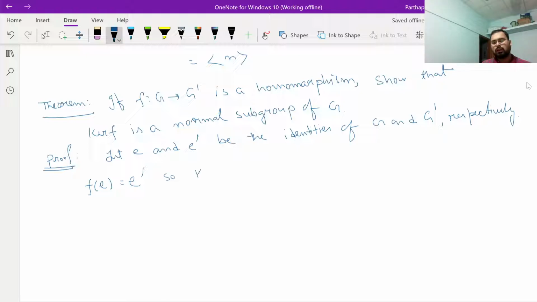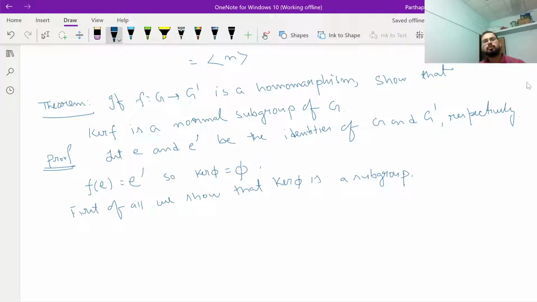So the kernel of phi is non-empty because the identity E belongs to the kernel of phi. So first of all we show that the kernel of phi is a subgroup.